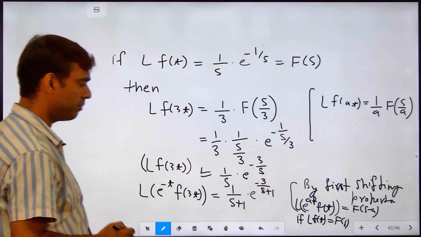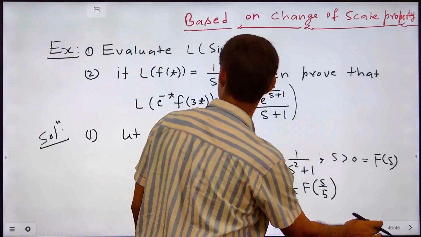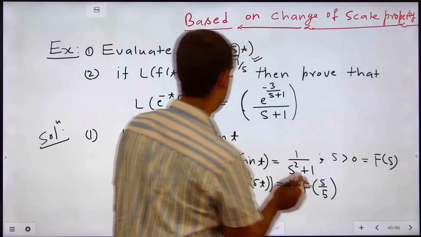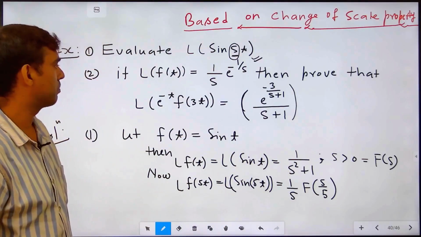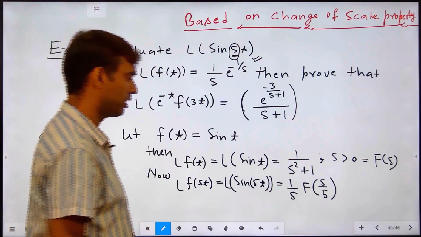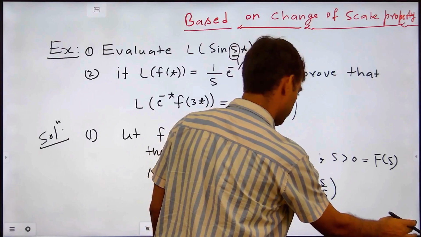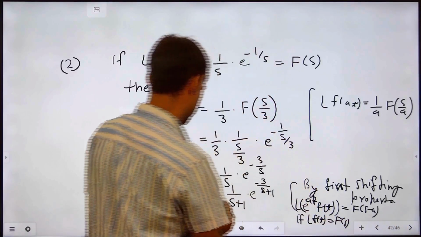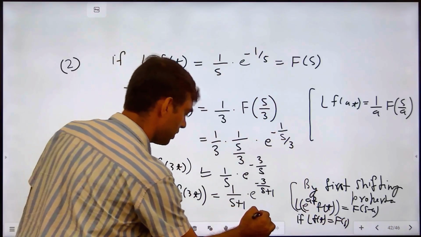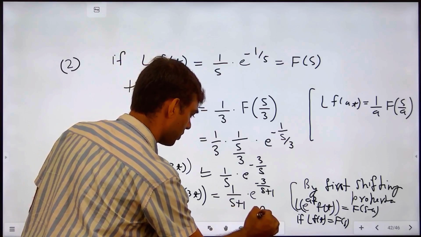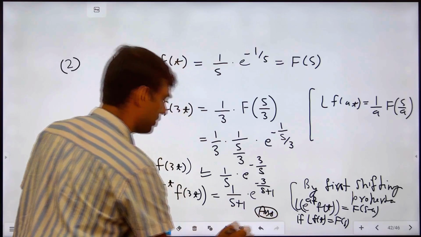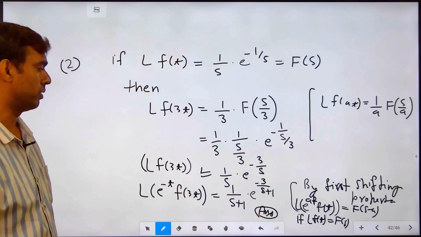So in this way we are able to prove this one. This is the result: e to power minus 3 upon s plus 1, upon s plus 1. So now we have proved this one. This is the answer.